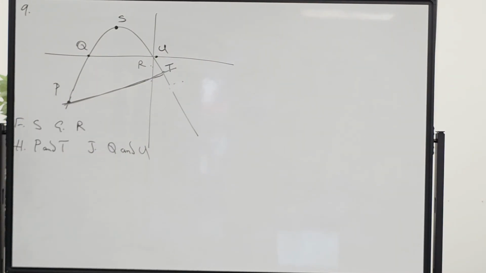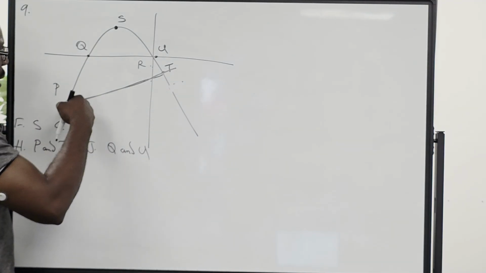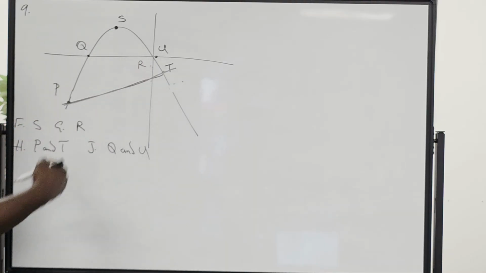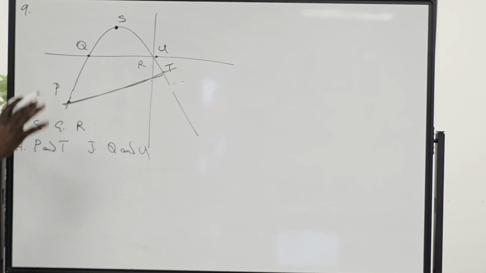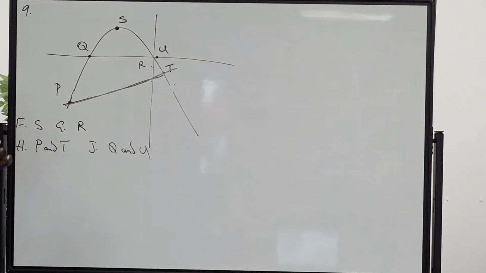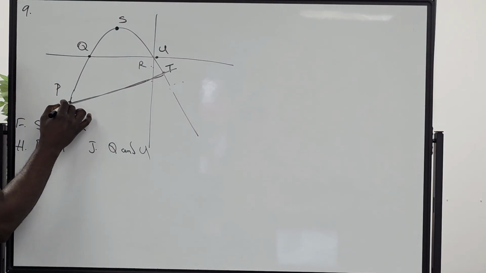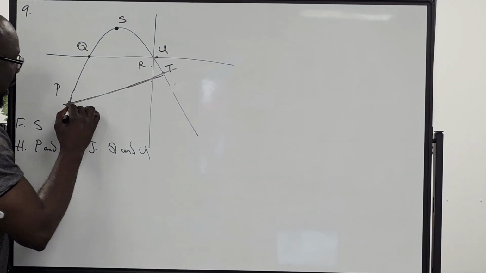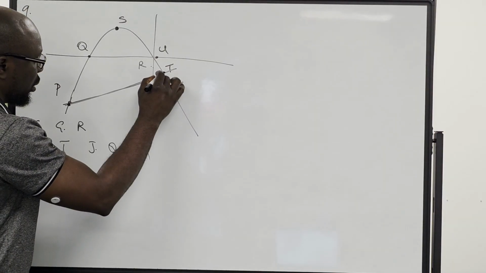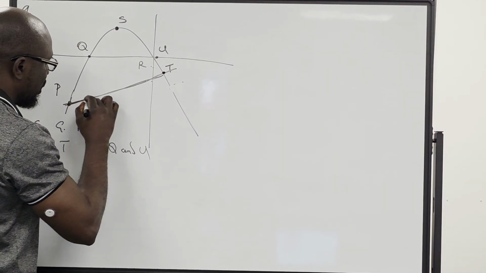The solution to this question is P and T. Why? Because P and T is the only point where this line cuts across this parabola right here. Anytime you are given a question like this, look for where this line meets this parabola and cuts across.